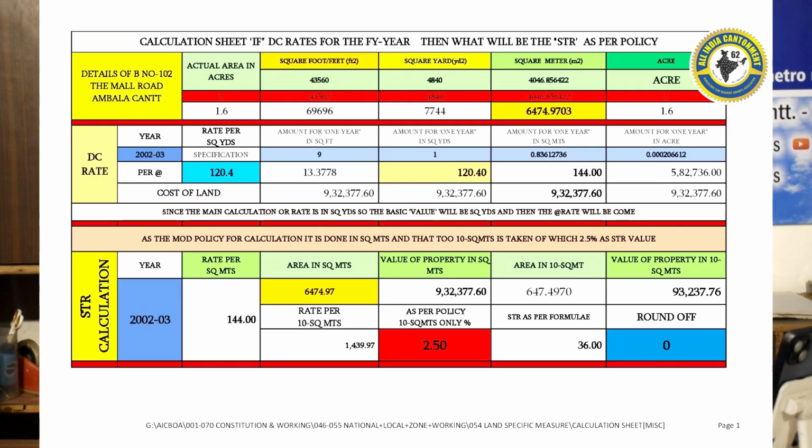So let's say bungalow number 102, which originally was a 1.6 acres land holding, making it about 69,696 square feet, 7,744 square yards, and approximately 6,474 or 6,475 square meters.